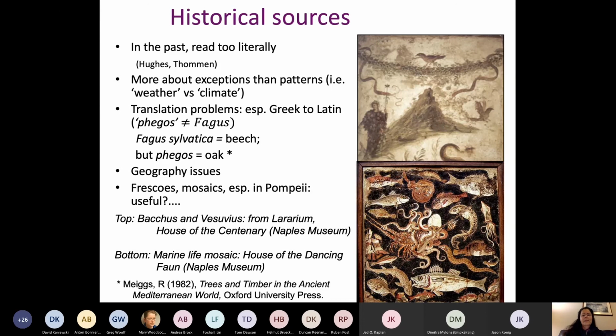But we want to be careful about talking about that, defining what deforestation is. Removal of trees altogether, or is it, if you've planted and cultivated trees, is that deforestation, or is it just another form of afforestation? So when we look at the historical sources, we do get some classical problems. So phagos is not the same as Fagus sylvatica.